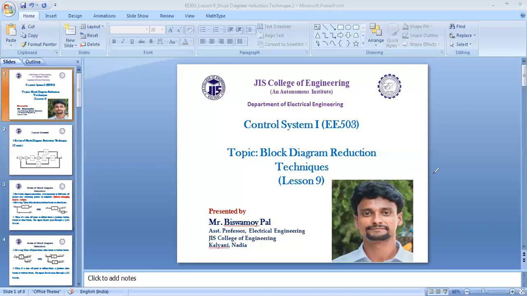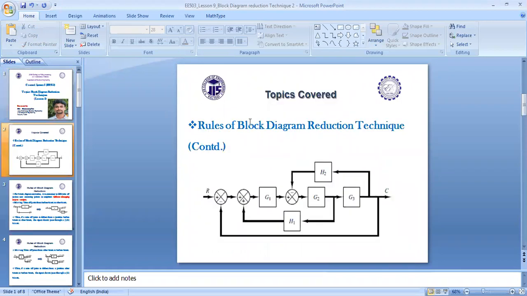Today we'll be discussing the different rules which we did not cover in last lesson, such as shifting takeoff points from before block to after block, or shifting summing point from before block to after block, and vice versa.